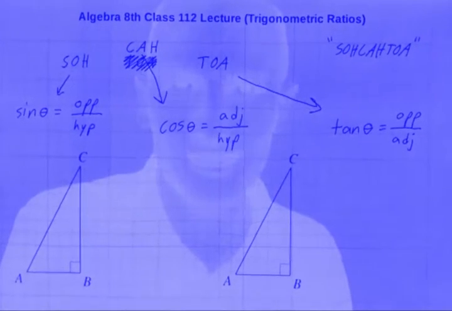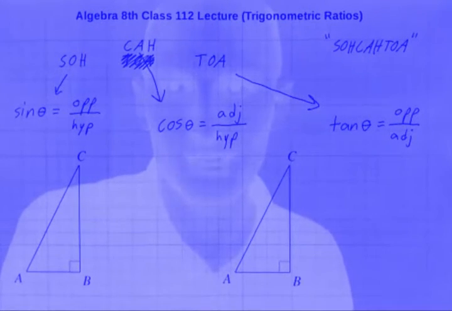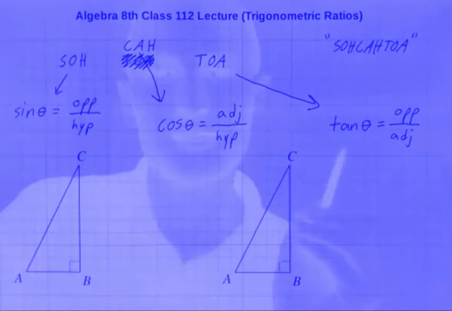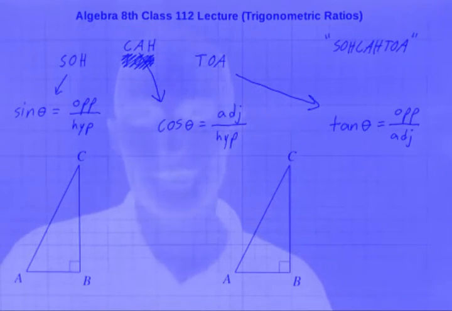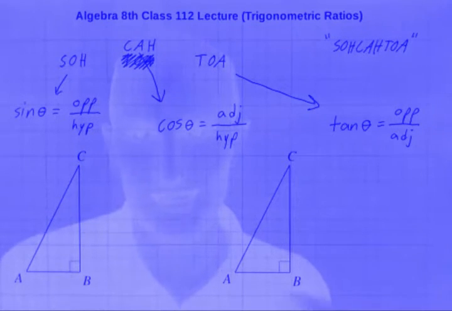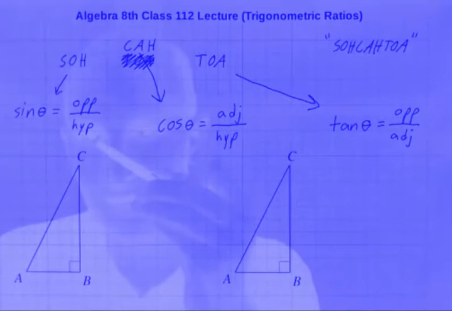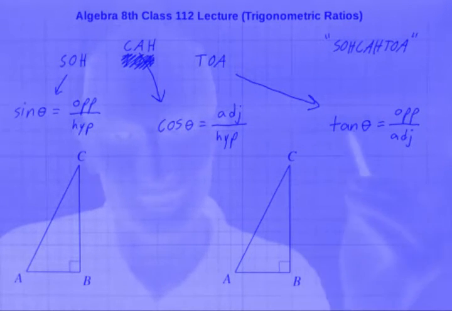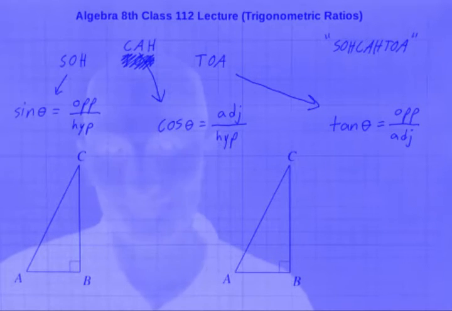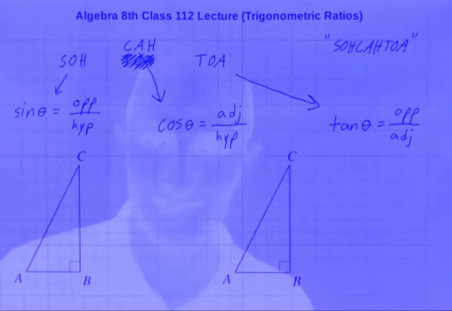Okay. Now, like I said, theta represents an angle in a triangle. And the opposite, hypotenuse, and adjacent all represent sides of a triangle. Specifically, sides of a right triangle.